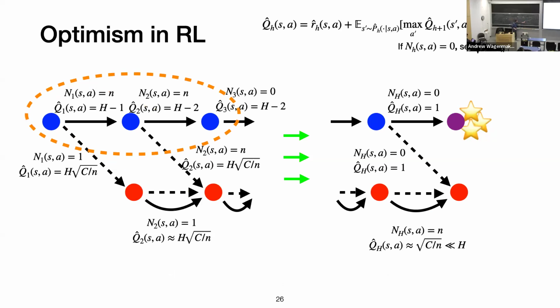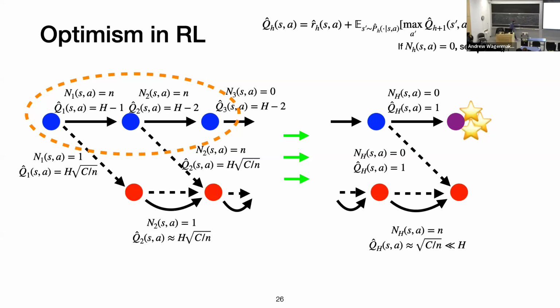Now if I play this n times, the bonus I get for the uncertainty in this particular state action is much smaller. However, Q hat at the next step is still quite uncertain. And so this will be large, like 1 over n 3 of SA, which will be large.